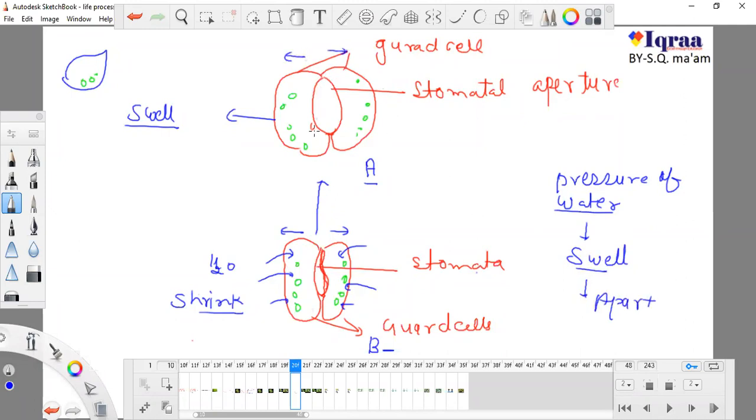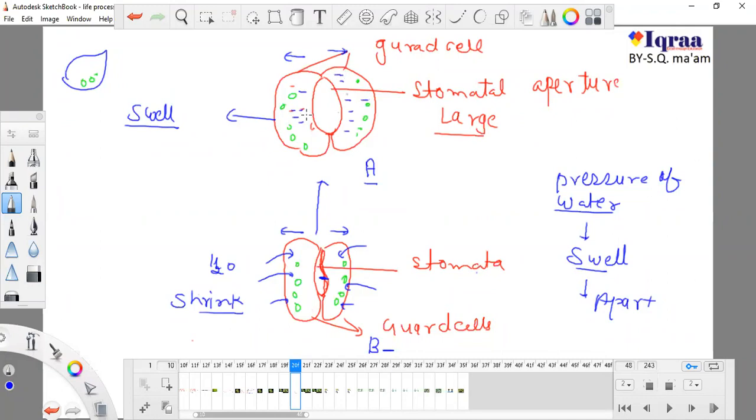As they go away, the shrunken stomata will open, and the stomata is open and large in size. So this is the large stomata, and now there is water because water came inside.